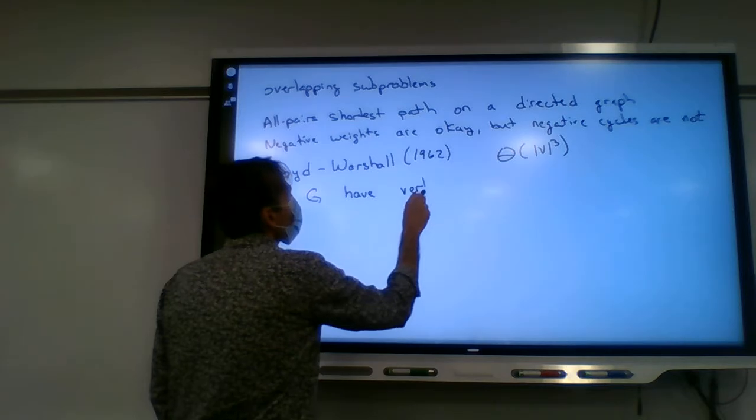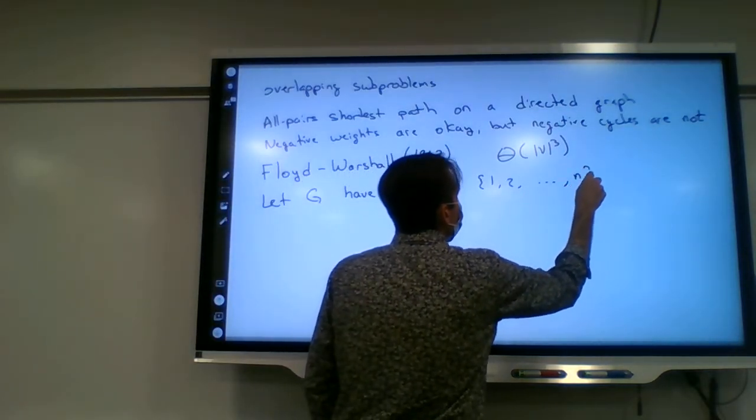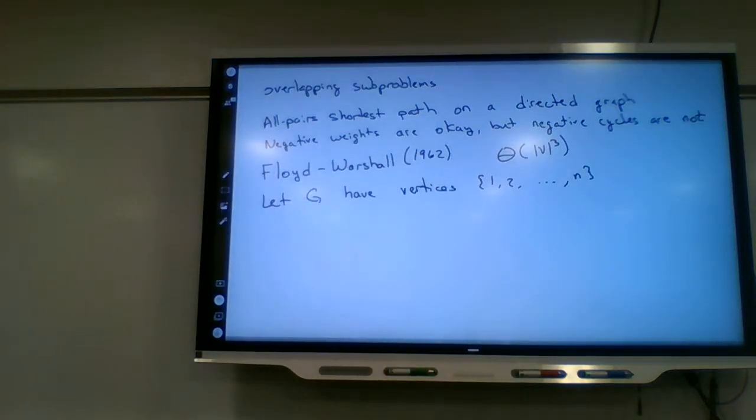have vertices just 1, 2, up to some number n. And so even if they're labeled in some other way, we'll just think of them as being labeled numerically.